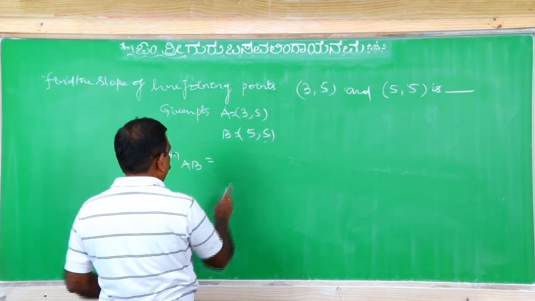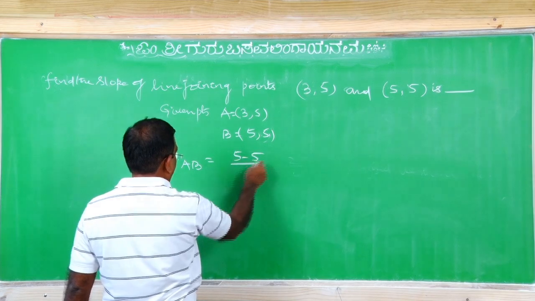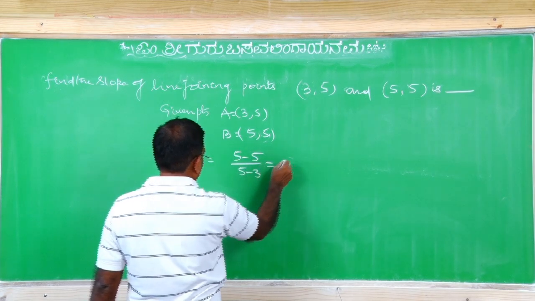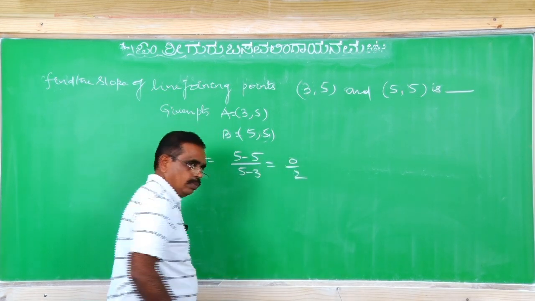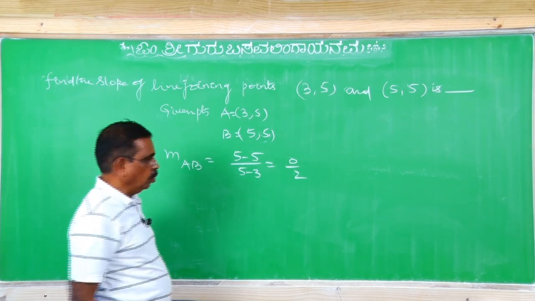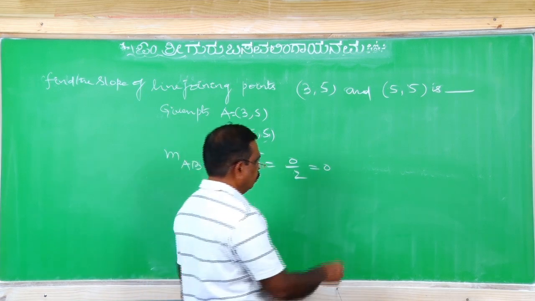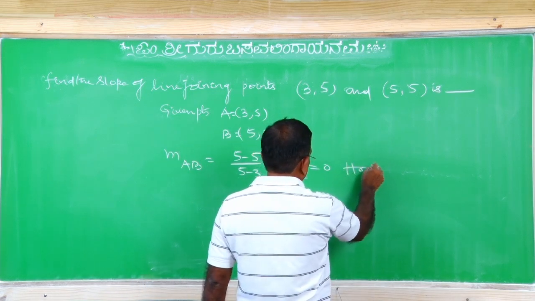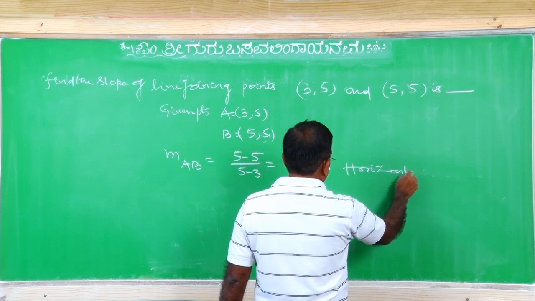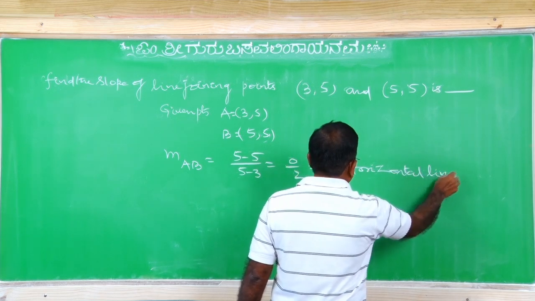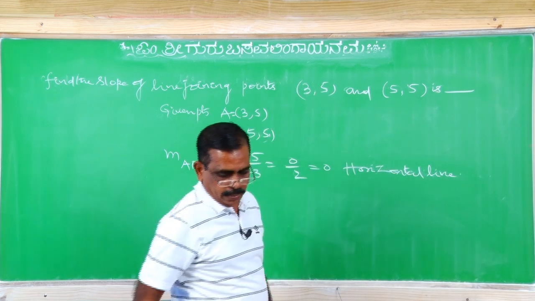What do you write? 5 minus 5 by 5 minus 3, 0 by 2. Therefore, slope is equal to 0. Horizontal line. Next.